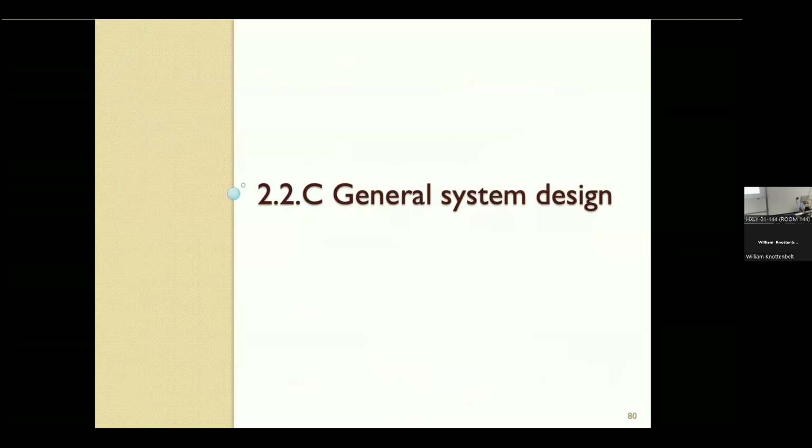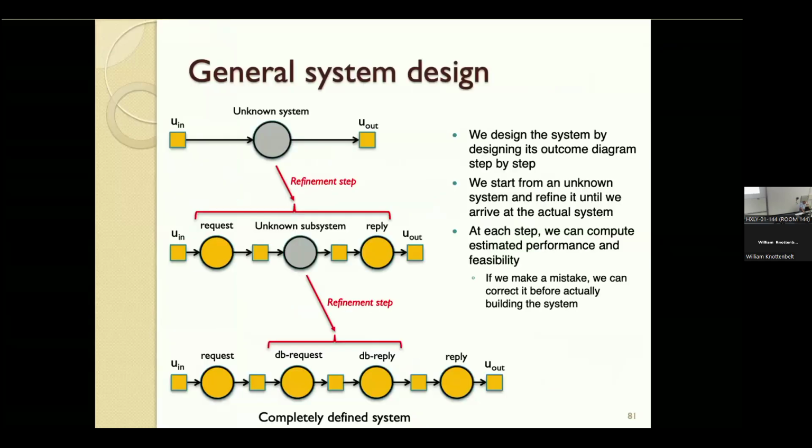Okay, let me now, in lesson 2, give a more general presentation of how you would do system design using this approach. Now I'm talking a little more abstractly. I want to design a system that has some particular behavior, with input and output events, and we design it step by step.